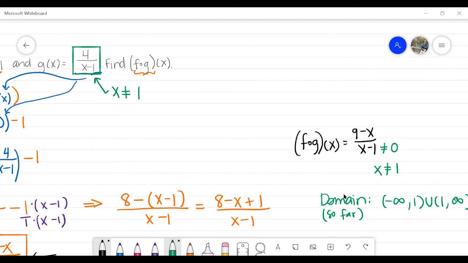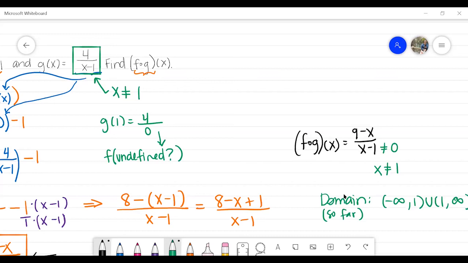Right, for the same reasoning, really. If I tried to plug in x equal to 1, g of 1 would be 4 over 0, which is undefined. How do I plug undefined into f? Right, it doesn't really make sense.